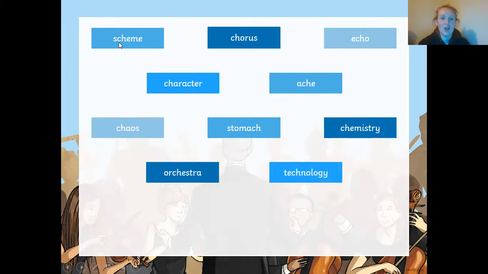S, k, im, sk, im, scheme. Oh, it's the word scheme. So the E here is not making an E sound either. It's making our split E sound. E, sk, e, scheme. Ah, it's interesting. So the C and the H together are making the k sound.